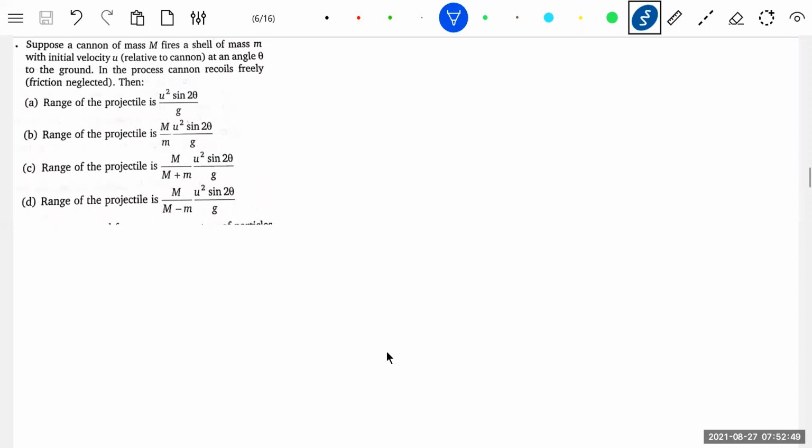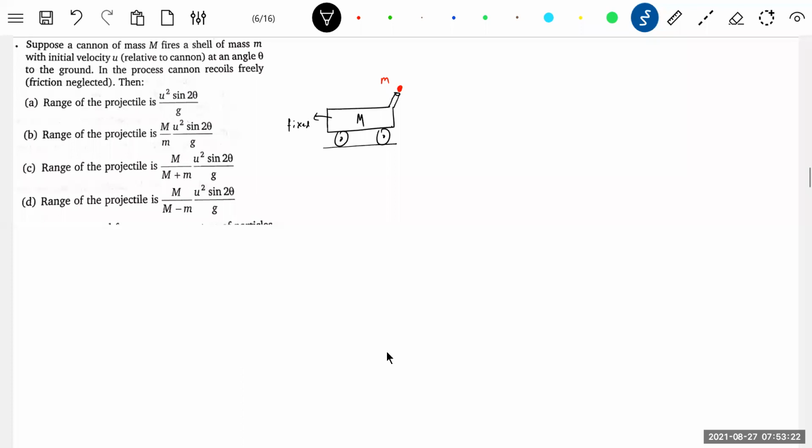Okay, first we'll begin like this. So this is a cannon. I'm showing it. So this is M. If this is fixed here, and it will fire a bullet, small m.